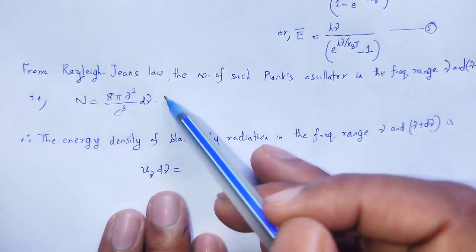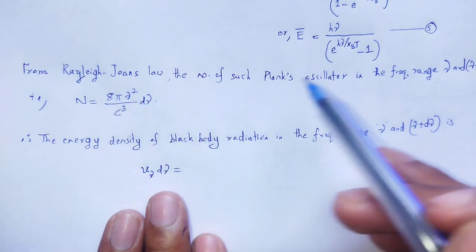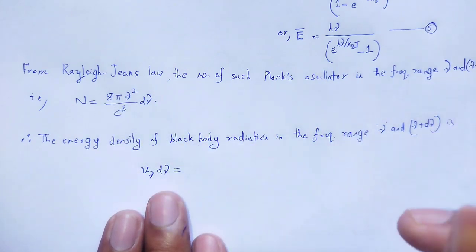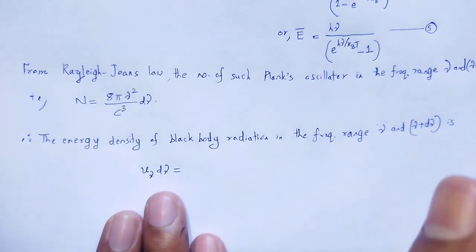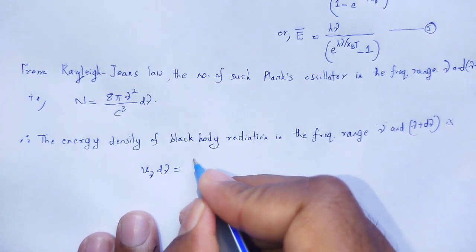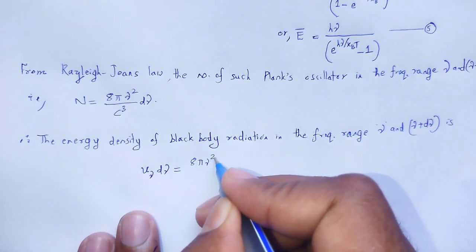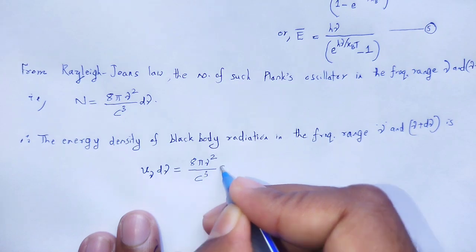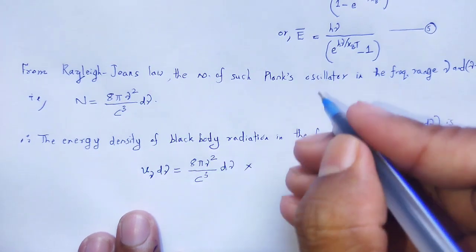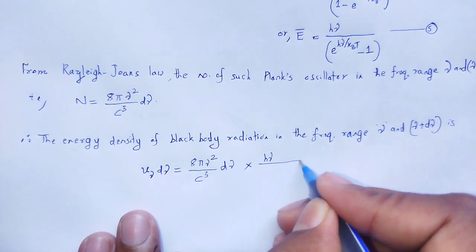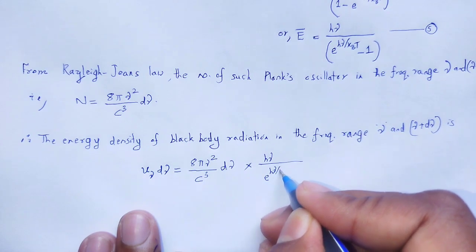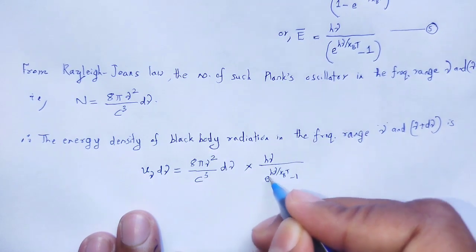It is the number of Planck's oscillators in that frequency range into the average energy of a Planck's oscillator, that is 8 pi nu square by c cube d nu into average energy h nu divided by e to the power h nu by kBT minus 1.